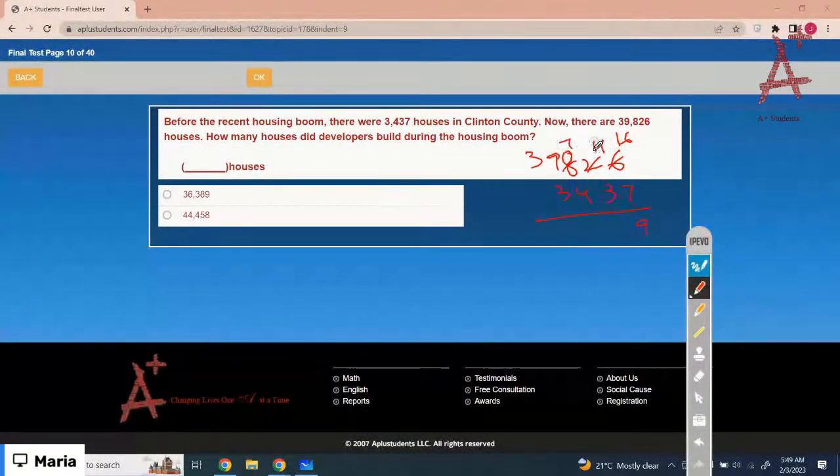Here you have 1 and here you have 11. 11 take away 3 is 8. 7 take away 4 is 3. 9 take away 3 is 6 and here you have 3. That would be 36,389. Got it?